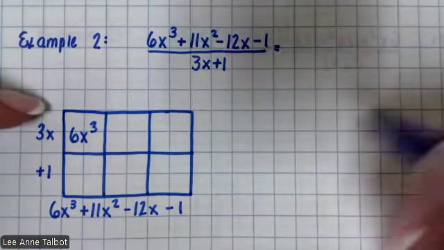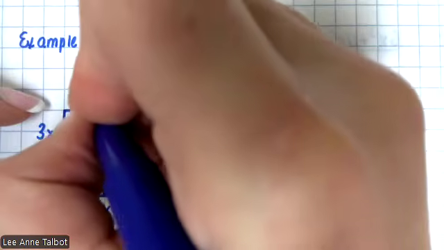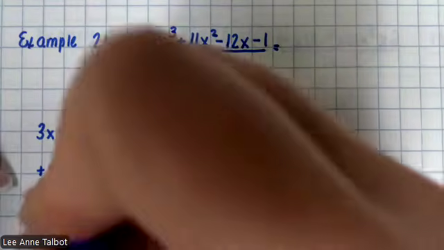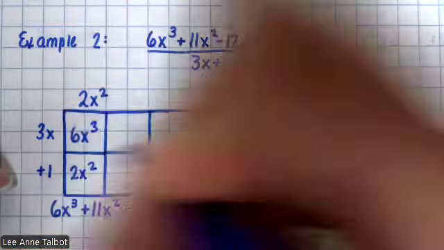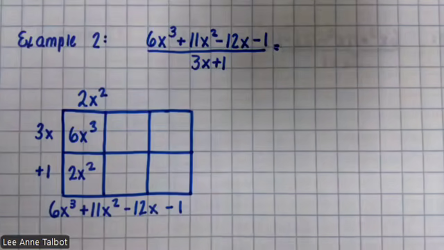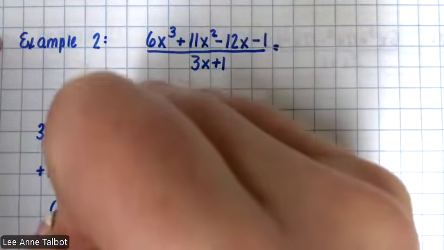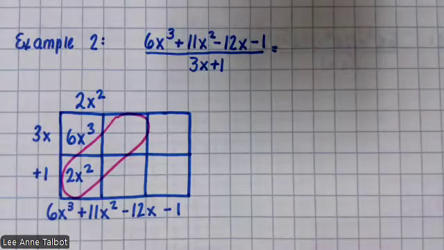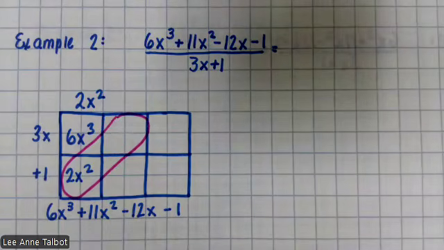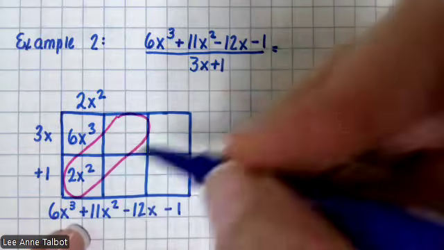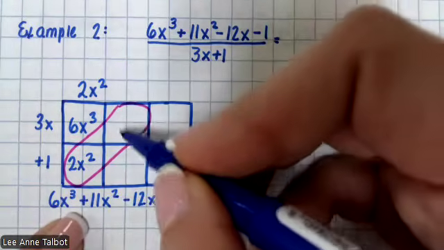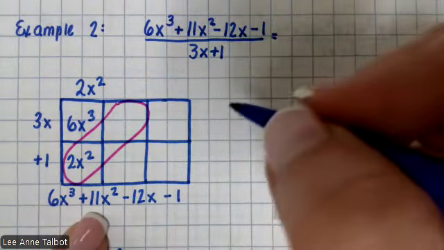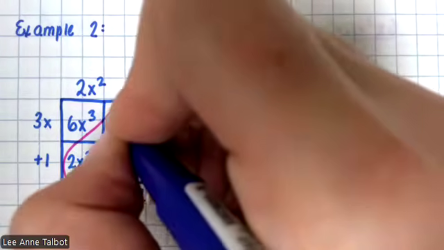So the top has to be 2x squared. 2x squared times 1 is 2x squared. 2x squared plus what is 11x squared? Nice.